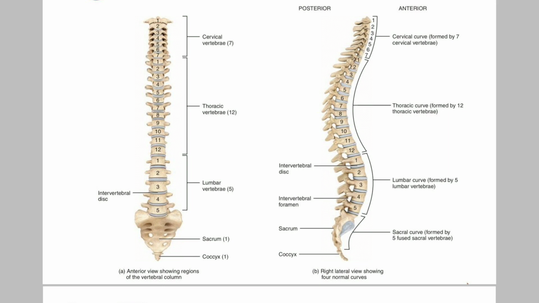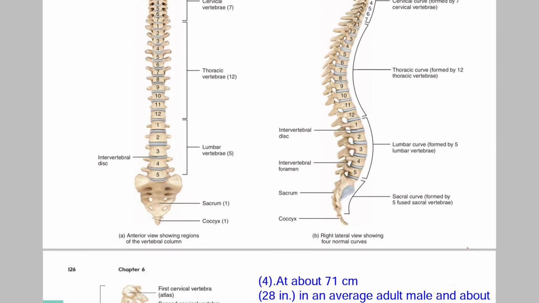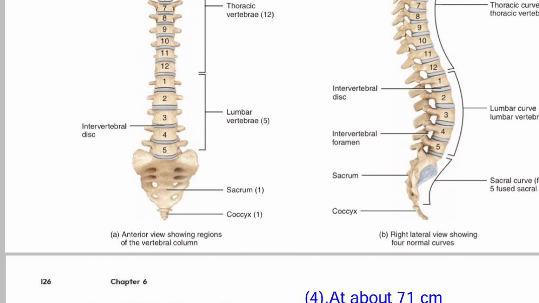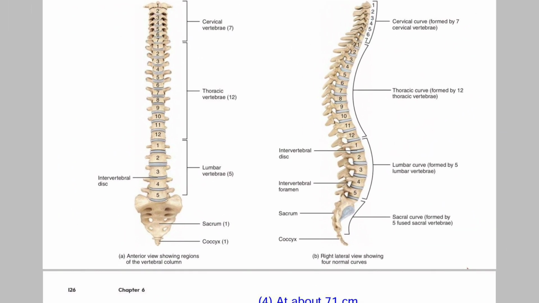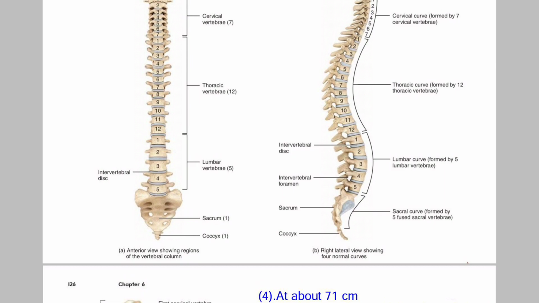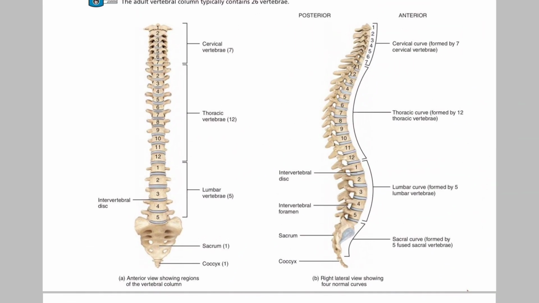Then 7 plus 12 plus 5. Okay, and the sacrum and the coccyx. As you can see, one sacrum, one coccyx. Okay, 7 cervical, 12 thoracic, 5 lumbar, then the intervertebral disc.